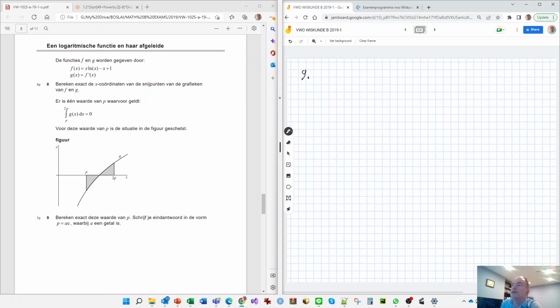And that's already given here. So we don't even need to know what it is. But actually, if you want to know, the primitive of log x is actually x log x minus x plus some constant.